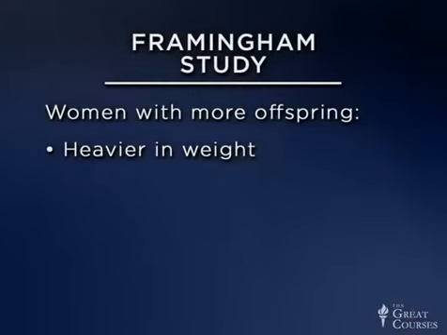For example, weight. For women in the Framingham sample, women who were heavier tended to have more offspring. And that means that, all things being equal, higher weight is being selected in the American population in the latter half of the 20th century.